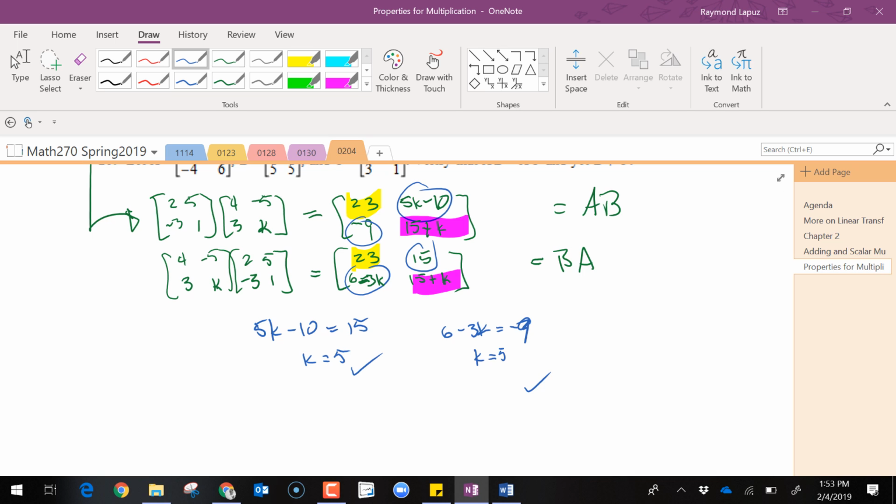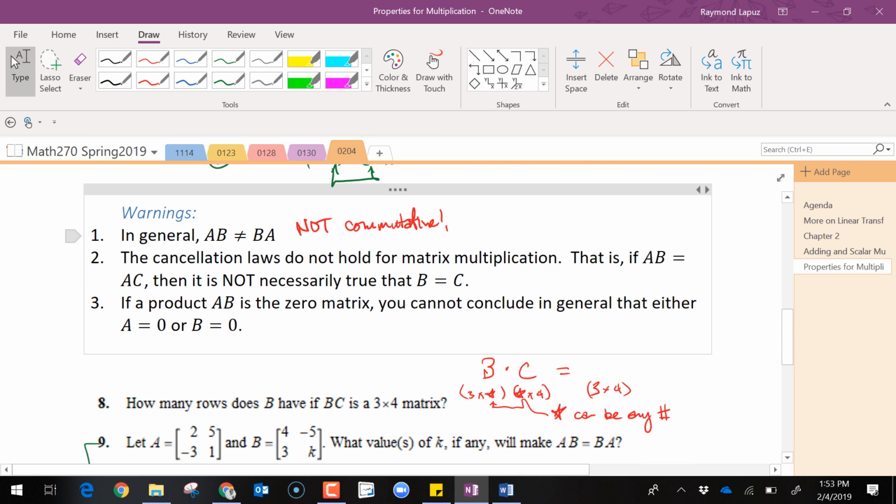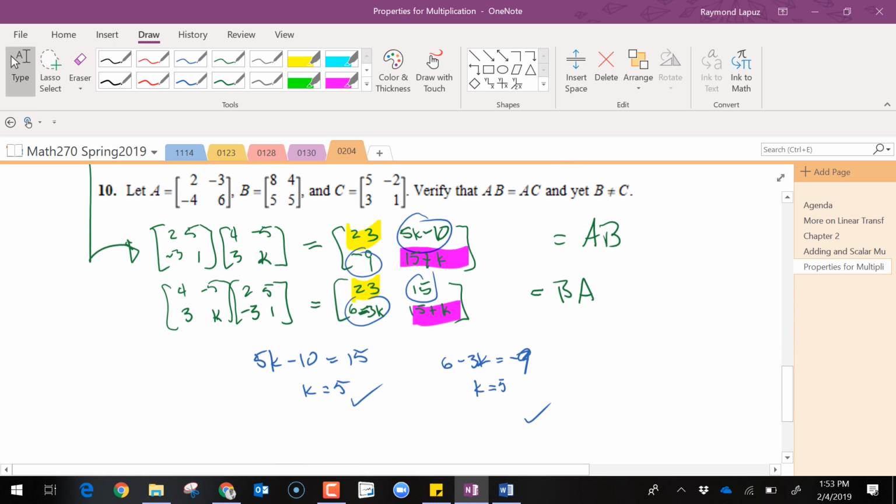Now remember, they're not saying that AB is never going to equal BA, right? They say it's not necessarily going to equal that. So if you look at the warning, in general, this is not true. In some cases, you can make it true by just changing one or two of your numbers.